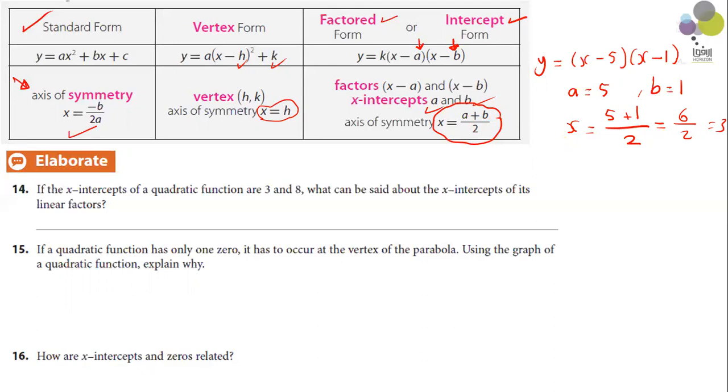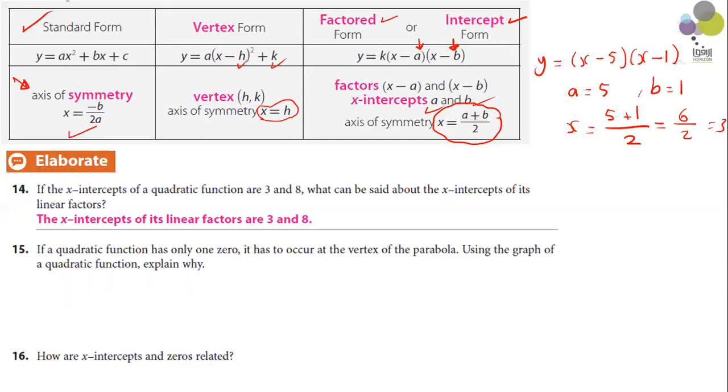Okay, really important this one. Elaborate. If the x-intercepts of a quadratic function are 3 and 8, what can be said about the x-intercepts of its linear factors? The x-intercepts of its linear factors are 3 and 8 also, so there is no difference between zeros or x-intercepts.